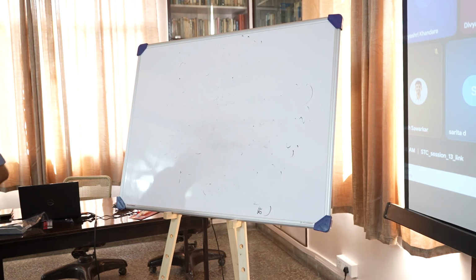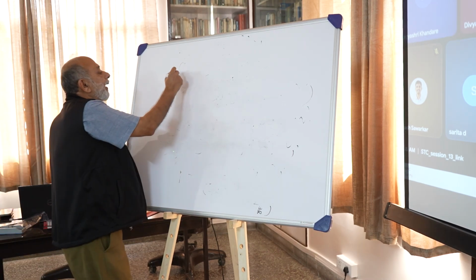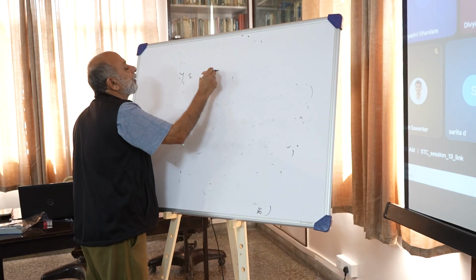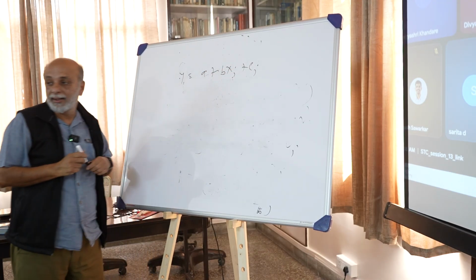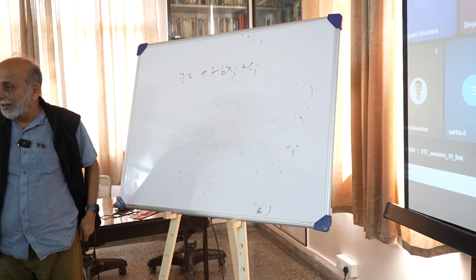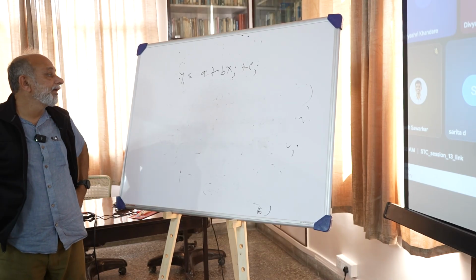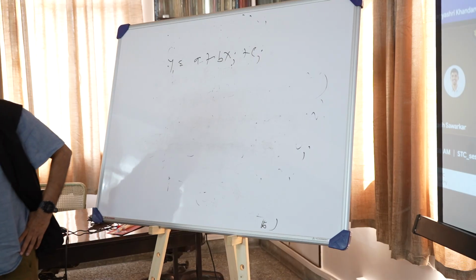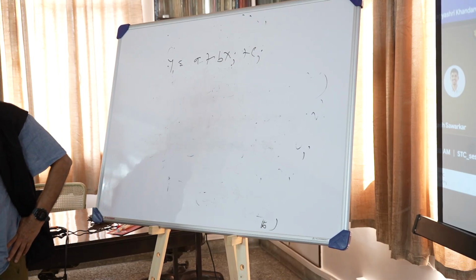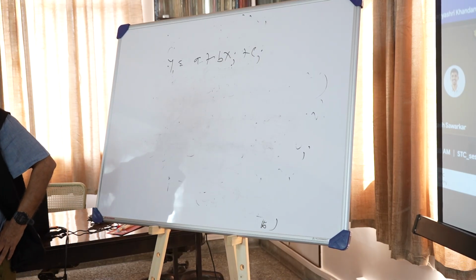So Yi is equal to a plus b Xi plus Ei, where Yi is the marks scored by the student in a particular semester, Xi is the percentage of attendance by the student in a particular semester, and Ei is the residual error term.